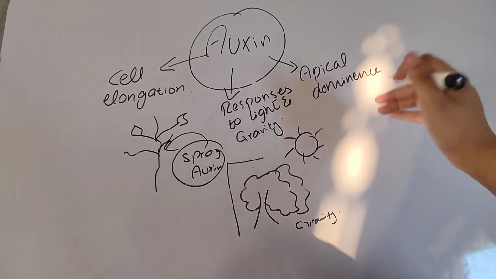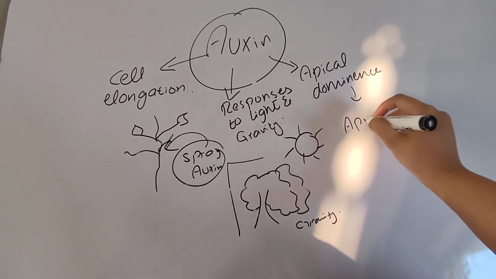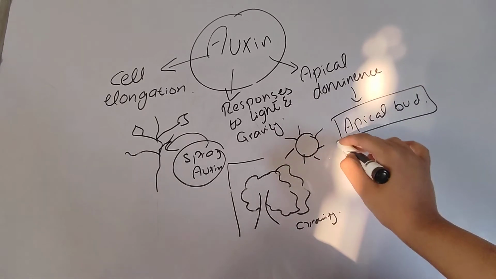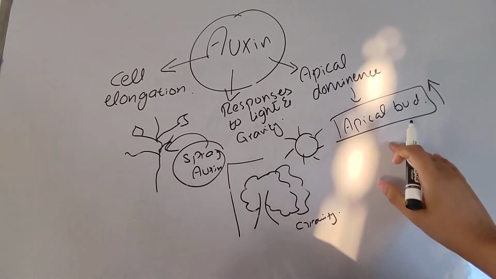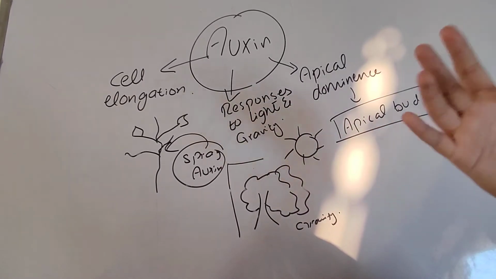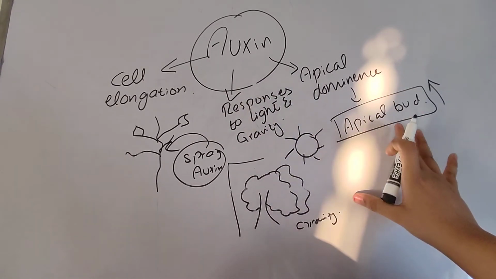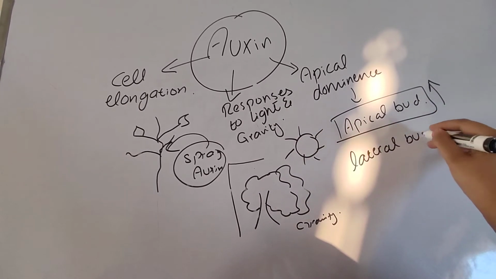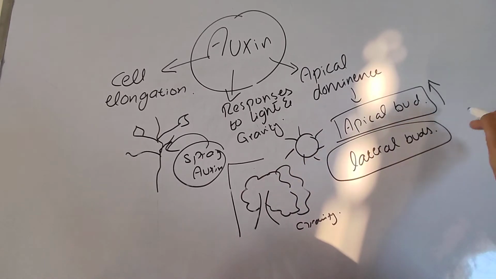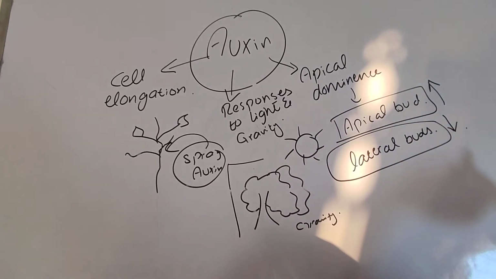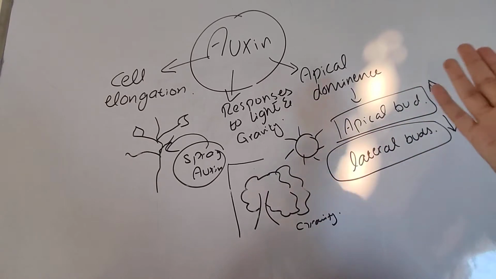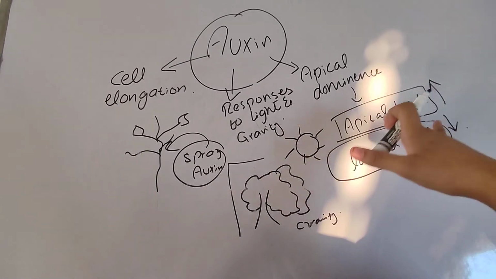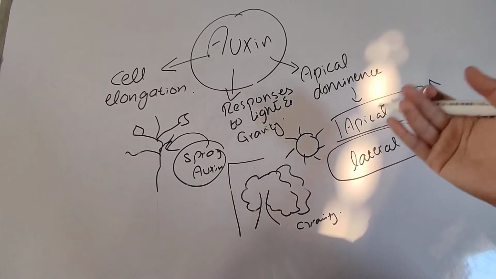Apical dominance is a phenomenon in which the apical bud, or the upper bud, which has a higher quantity of auxin, grows more, and due to this the lateral buds, which are the lower buds, have their growth retarded.